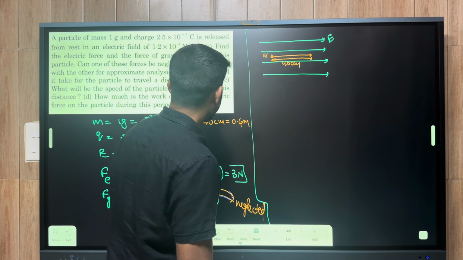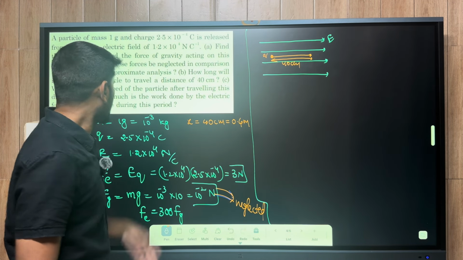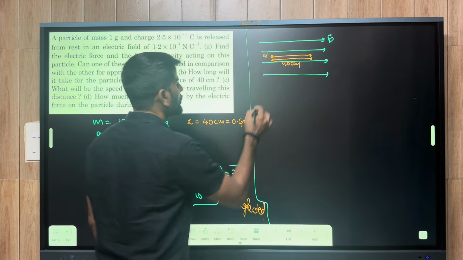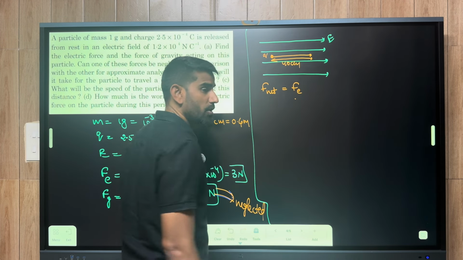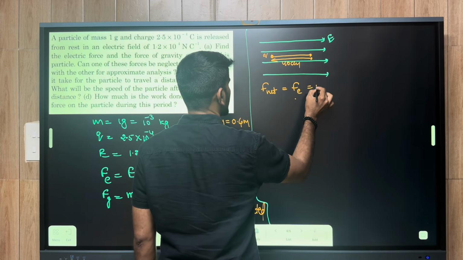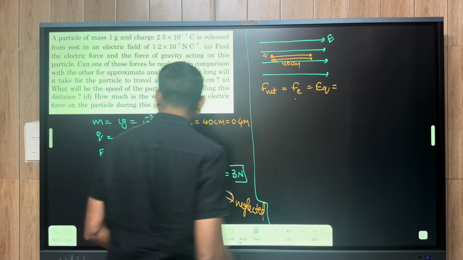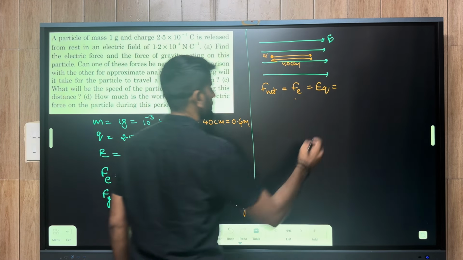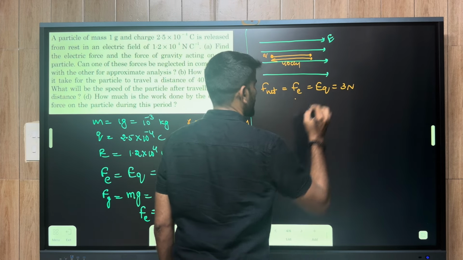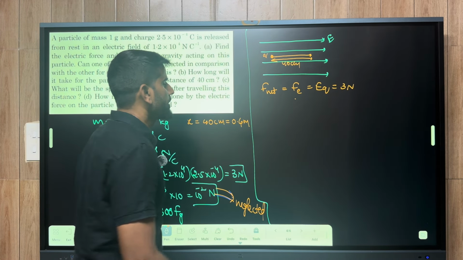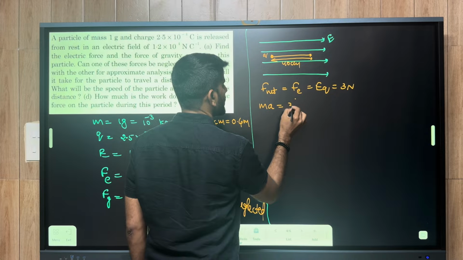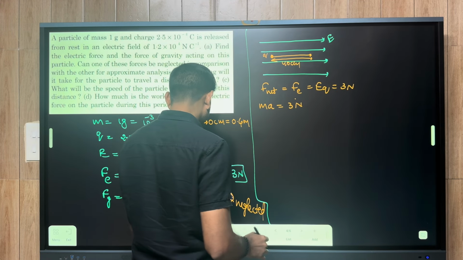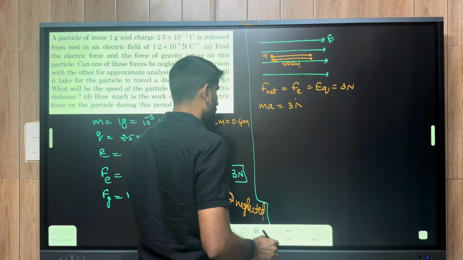Okay, so let's find it. Only one force is acting, right? So the net force, F net, is equal to the electric force, which is equal to Eq. The Eq value is already determined, which is 3 newtons. Okay, and let's find the acceleration. F net is equal to ma is equal to 3 newtons.